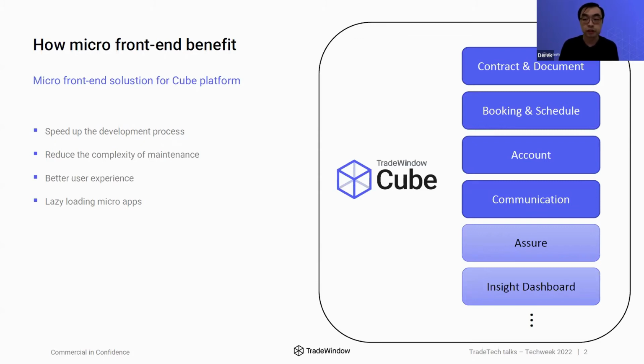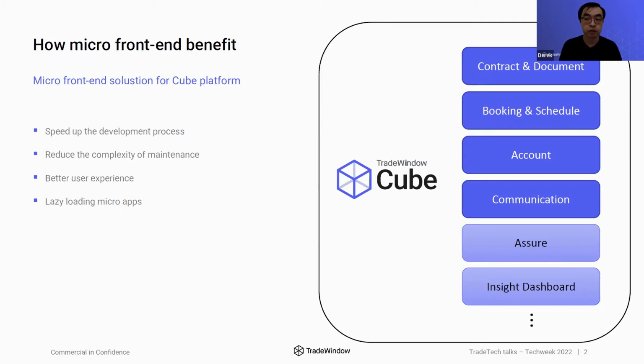In addition, it can also boost our user experience by providing a fast application. Compared to the single page application, where you need to download the whole app for the user before they can run the application in the browser, with the micro front-end we just need to serve a micro app to the user.